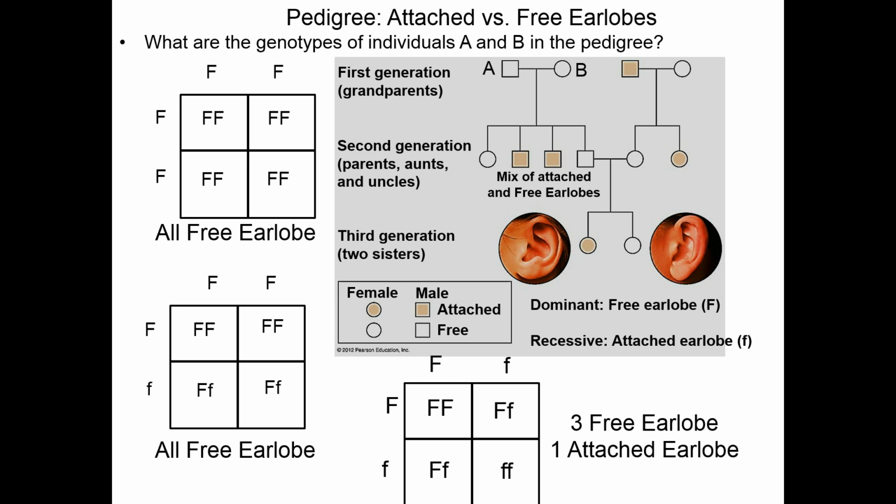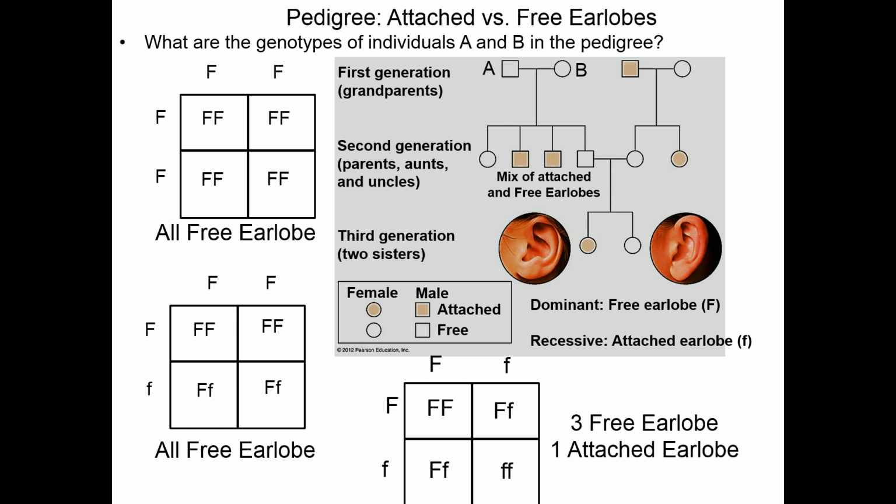If all their offspring had free earlobes, then the grandparents would be either both homozygous dominant, or one would be homozygous dominant and one would be heterozygous. But that's not the case. Here you have a mixture of individuals with free and attached earlobes.